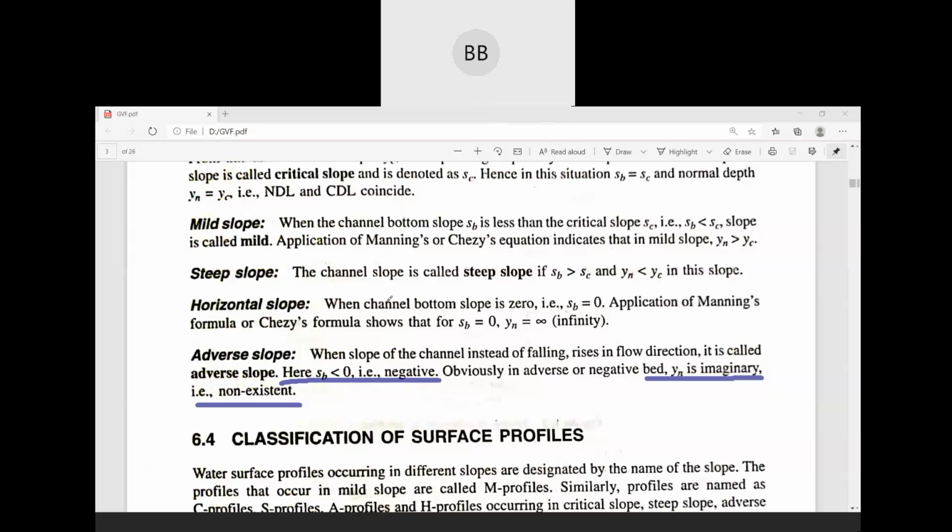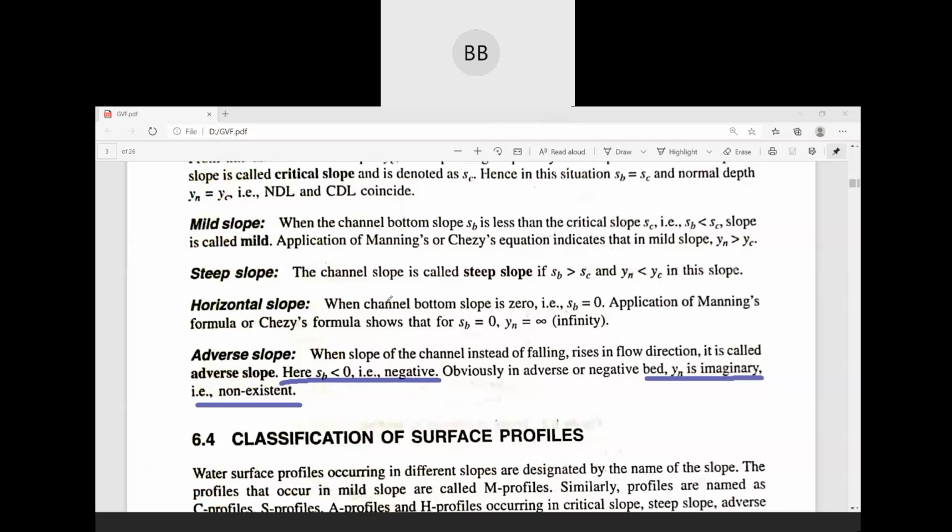If time permits, we'll go for solving the gradually varied flow equation using one computational method. It's not in the syllabus, but still we'll try. If possible, then we'll solve one.